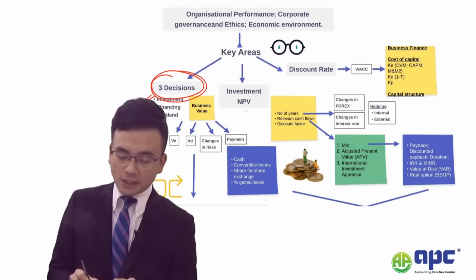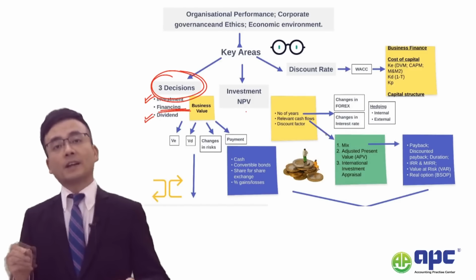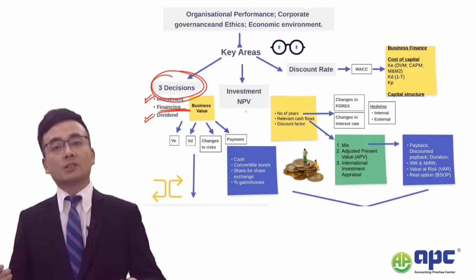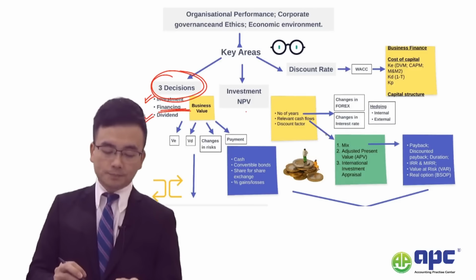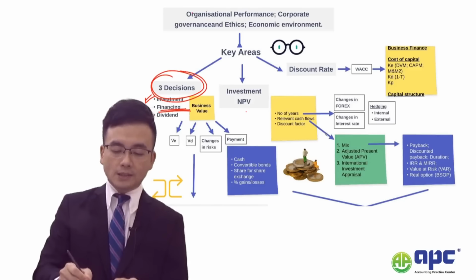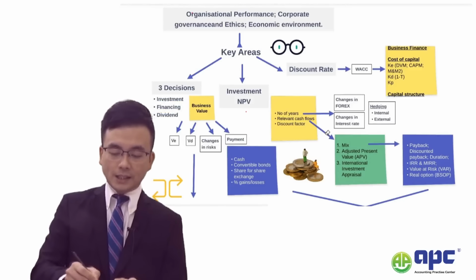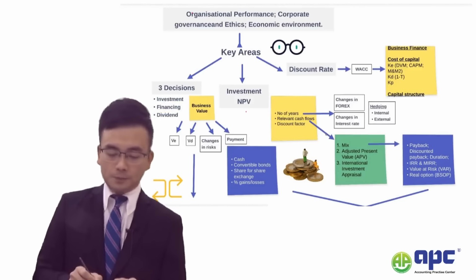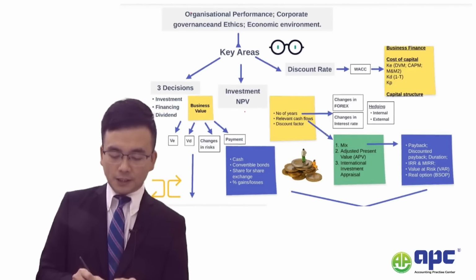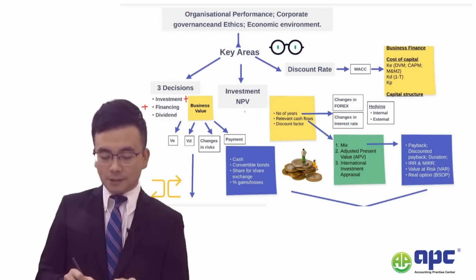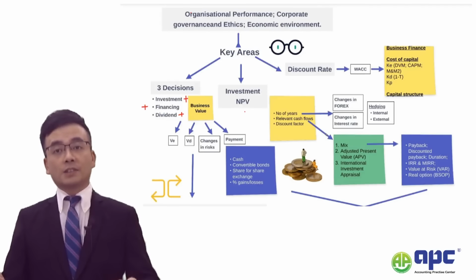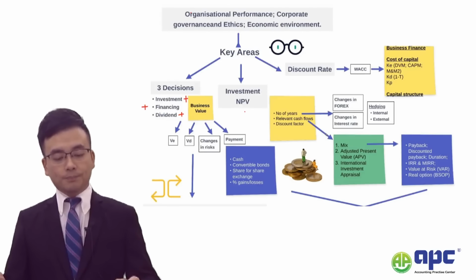But you also need to make sure that you've got enough finance in place in order to support the investments you're going to make. So as we can see, these 3 decisions are interlinked with each other. So for example, an increase in finance perhaps will increase the investment and even increase the dividends they like to pay to your shareholders.